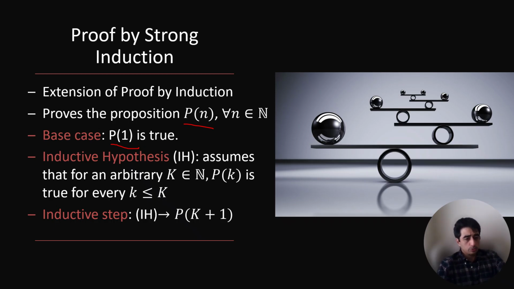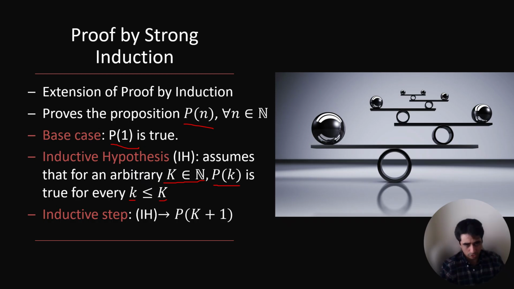In strong induction, we assume that for every arbitrary K in natural numbers, where K is a capital letter, P of k is true for every lowercase k less than or equal to the uppercase K. That means for any arbitrary value, let's say capital K is 100, we assume that our proposition is true for all numbers from 1 to 100.